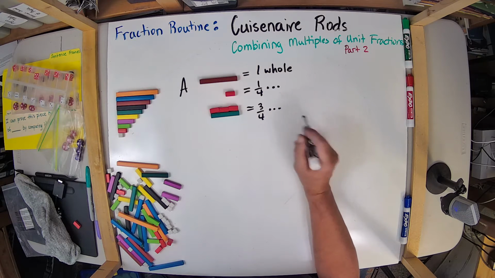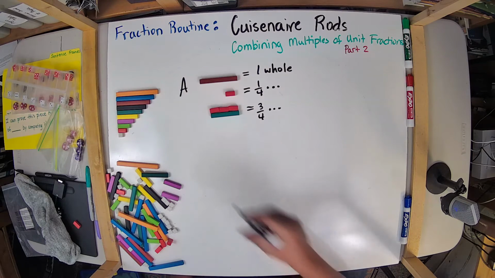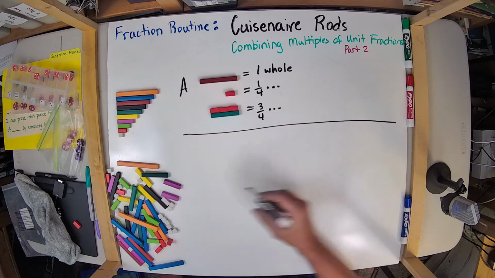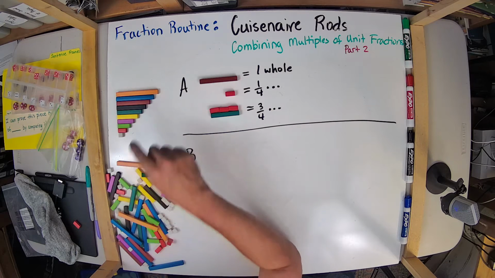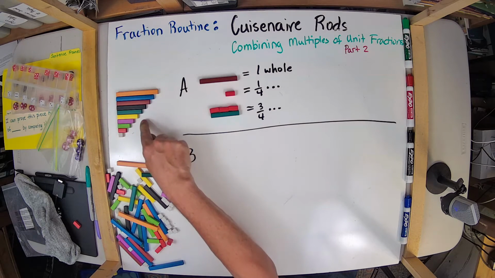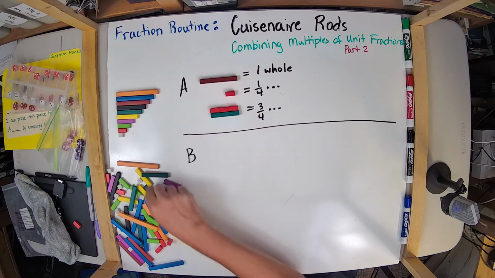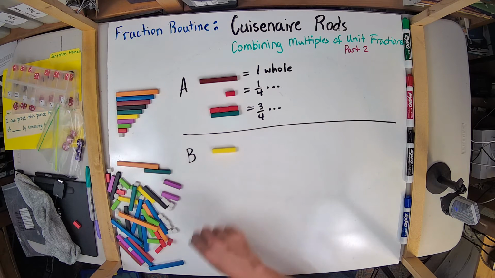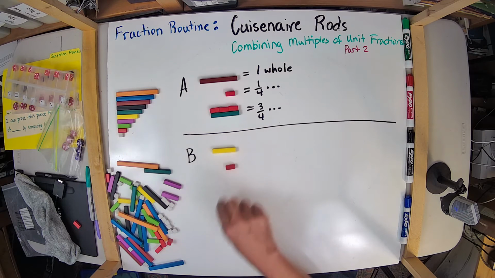And so now if that's 1 whole, then this is 3/4. To go over that again, let's see another iteration of the same thing. So let's see, perhaps I want to choose the yellow one now. That's actually 5 units.